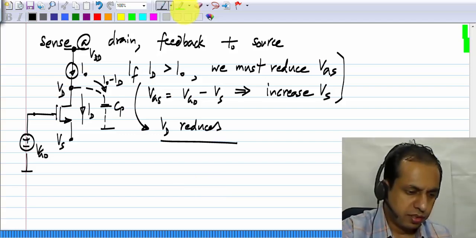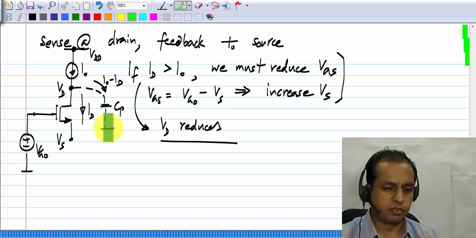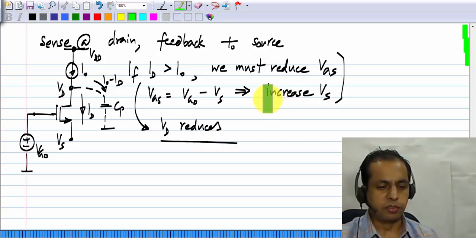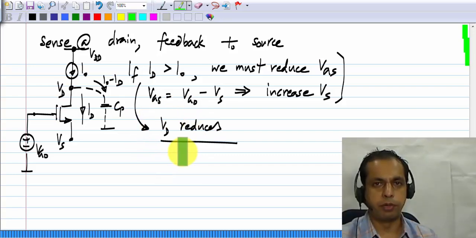Now you see that Vd reducing is an indication that the drain current is larger than what is required, and in that case we must actually increase Vs. So the sense of change we want at the source is opposite of what's happening at the drain.